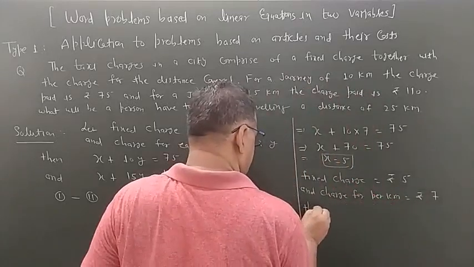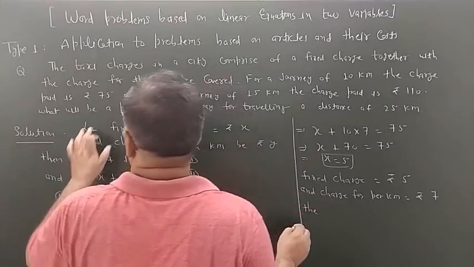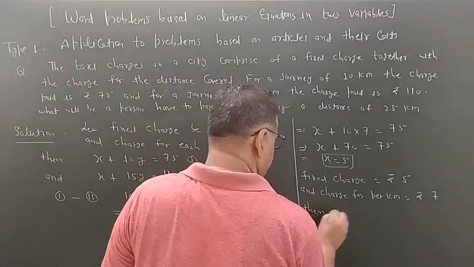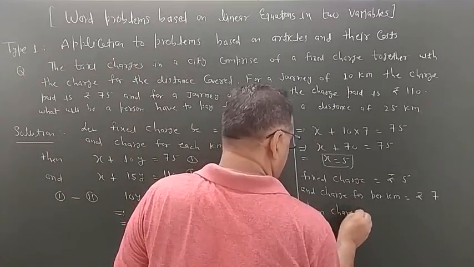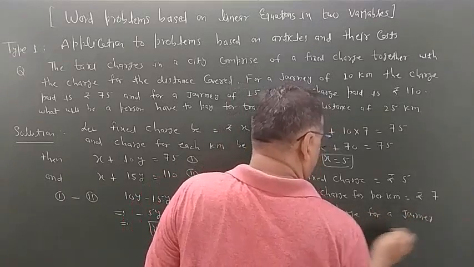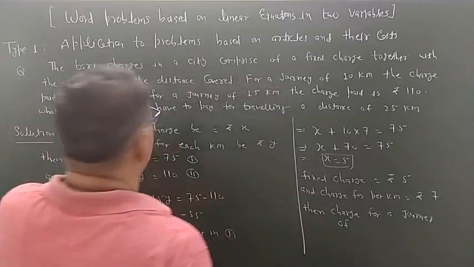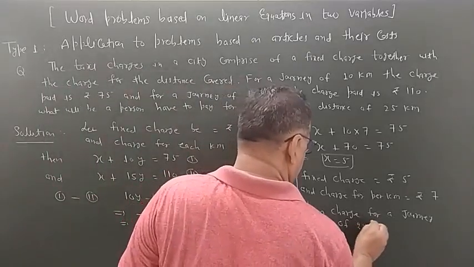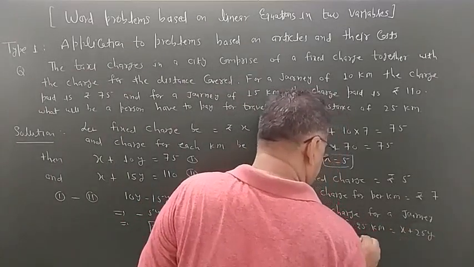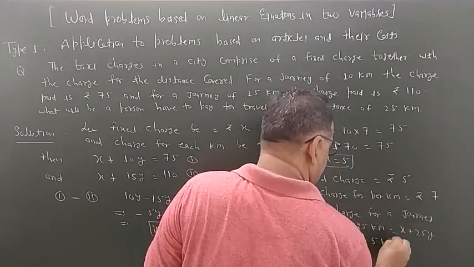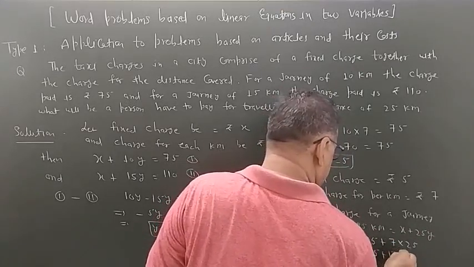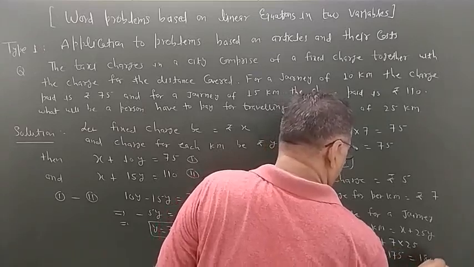Then the charge for a journey of 25 km equals x plus 25y, that means 5 plus 7 into 25, 5 plus 175, that means 180.